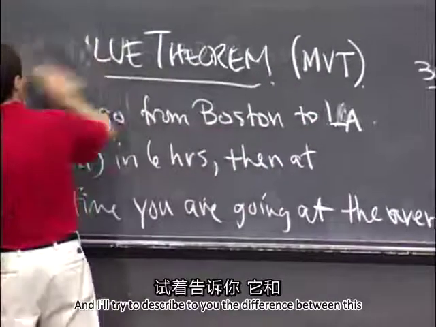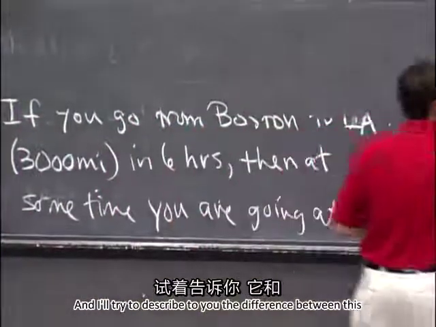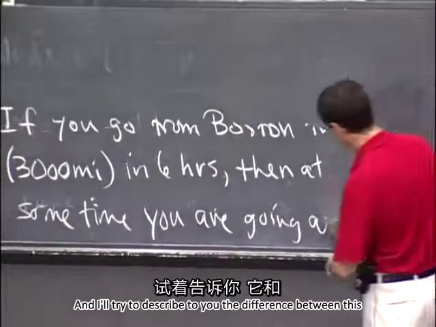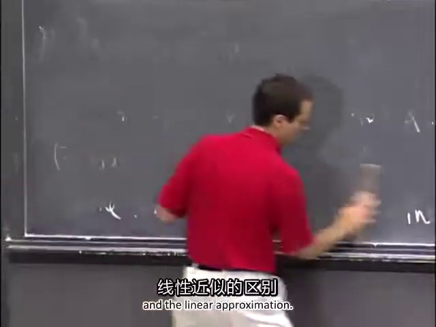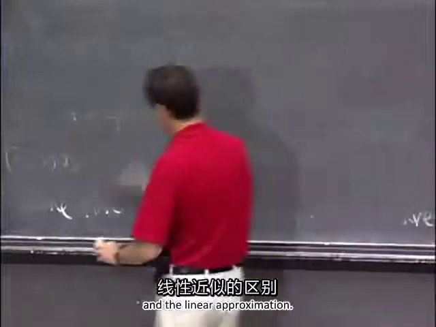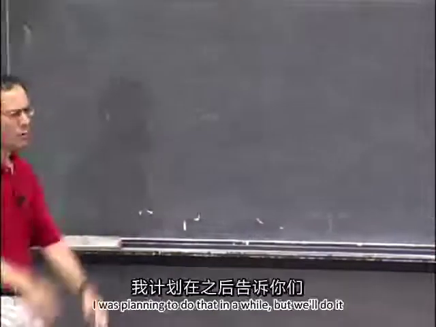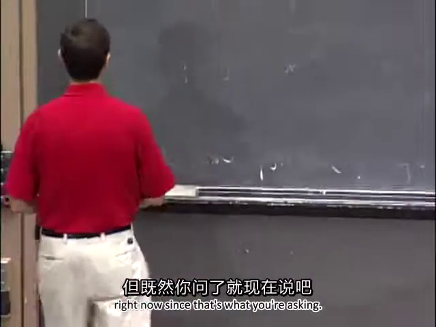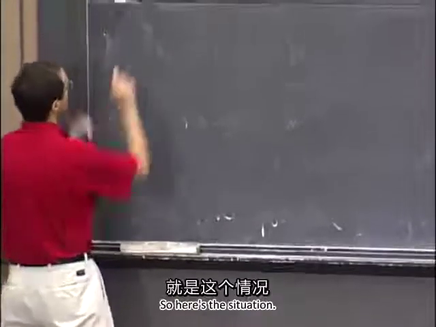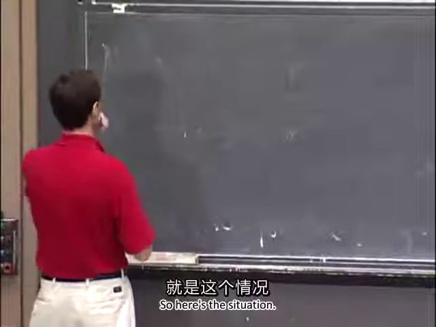And I'll try to describe to you the difference between this and the linear approximation. I was planning to do that in a while, but we'll do it right now since that's what you're asking. That's fine. So here's the situation.